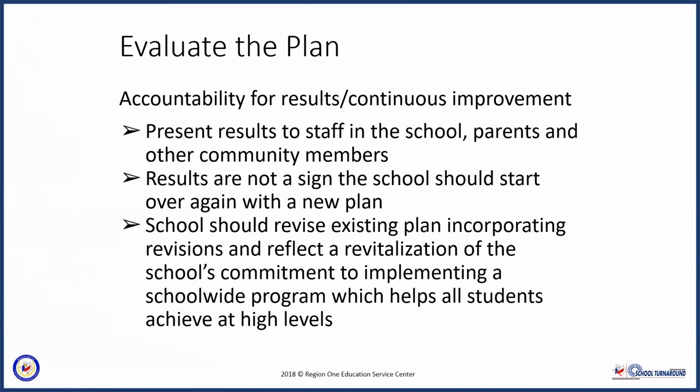Okay, the results are not a sign the school should start over again with a new plan. This may just be something that needs to be modified. The school should revise existing plans, incorporating those revisions, and reflect the revitalization of the school's commitment to implement the school-wide program, which will ultimately help all students achieve at high levels.